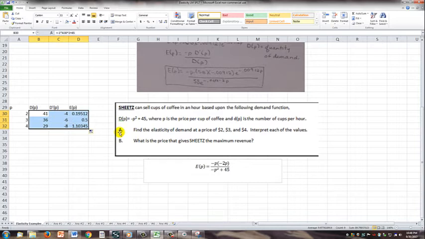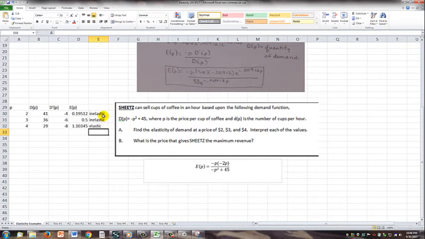Anyway, to answer this question, find the elasticity of demand at a price of $2, $3, and $4 and interpret each of the values. Well, this one is less than 1, so demand is inelastic. This one is less than 1, so demand again is inelastic. This one is greater than 1, so demand is elastic.